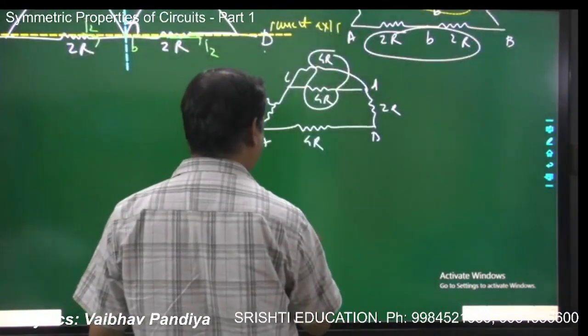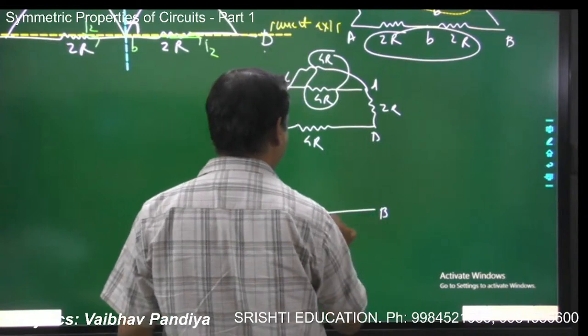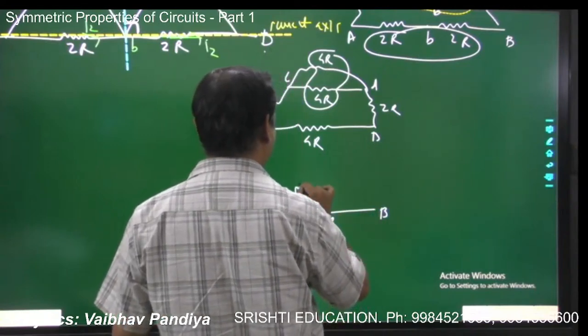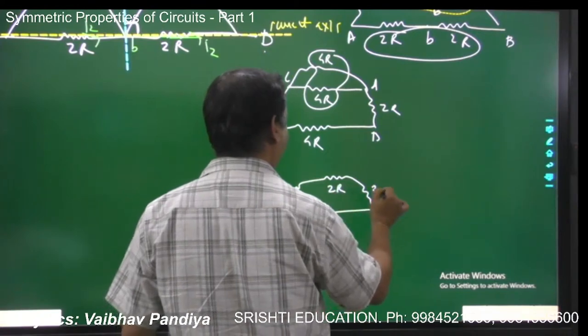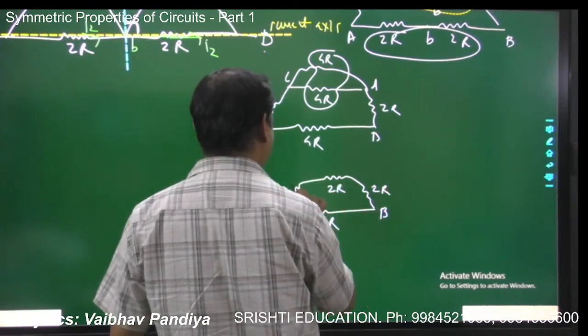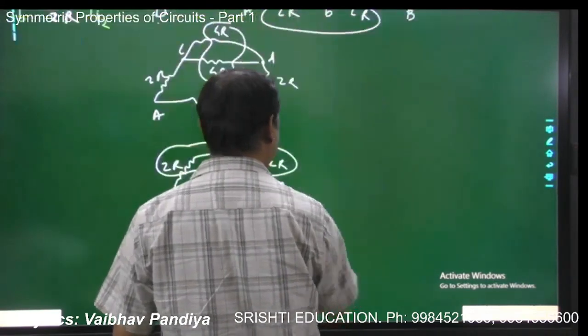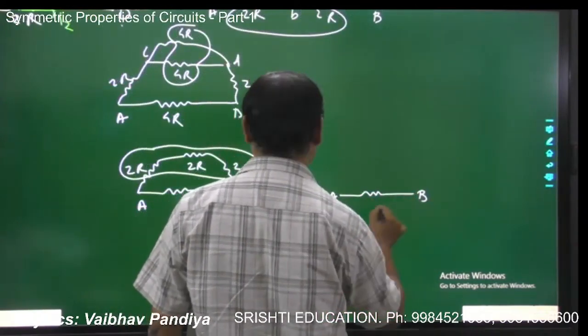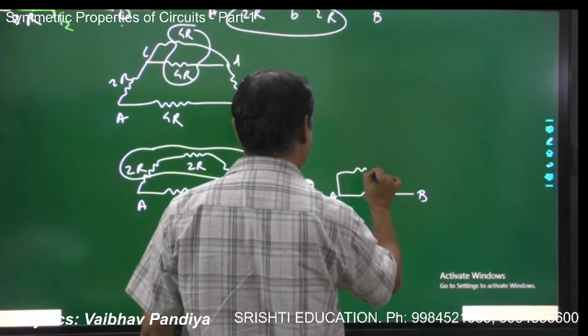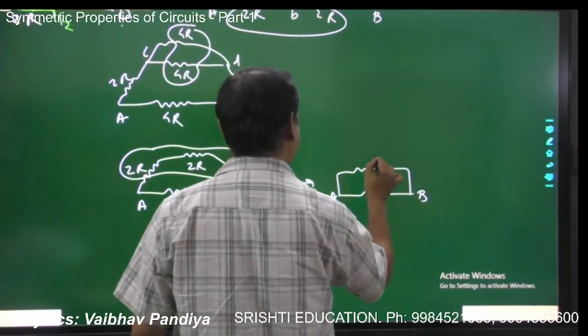So we'll get A, B, 4R, and this is 2R, 2R, 2R. And now these three will be in series combination. So you'll get A, B, 4R, and this will be 6R.